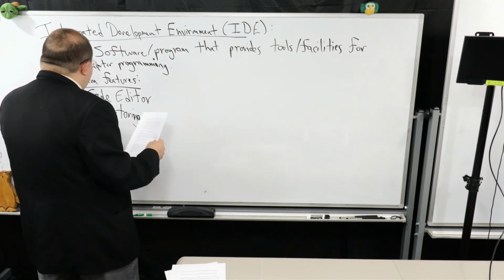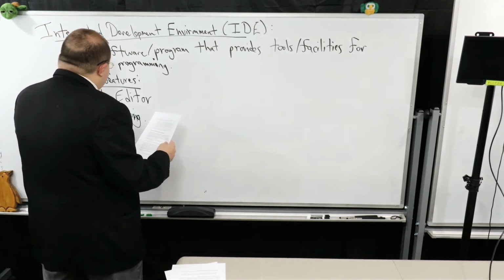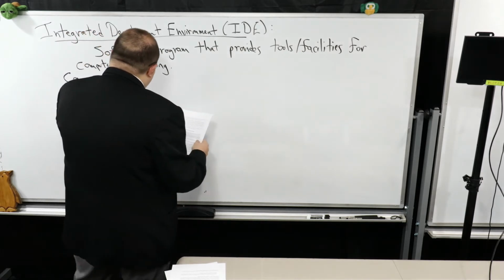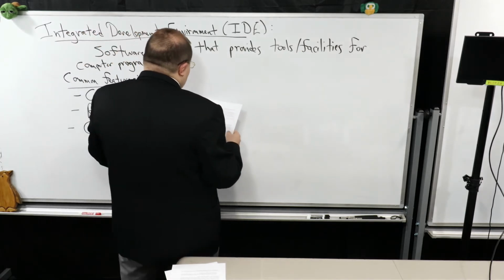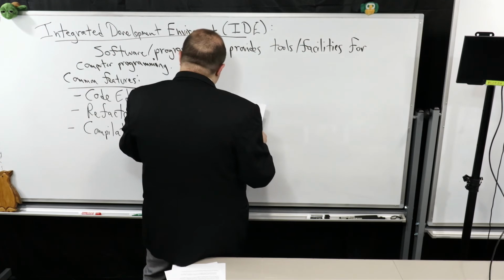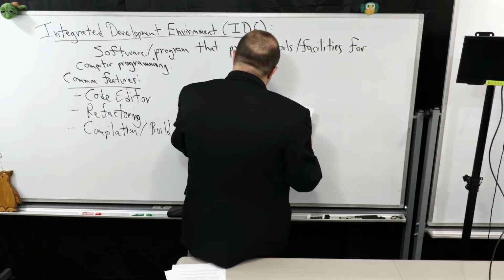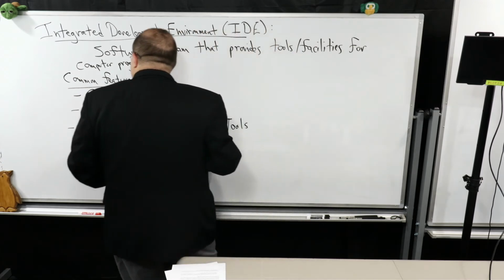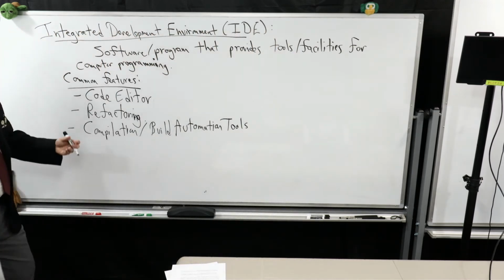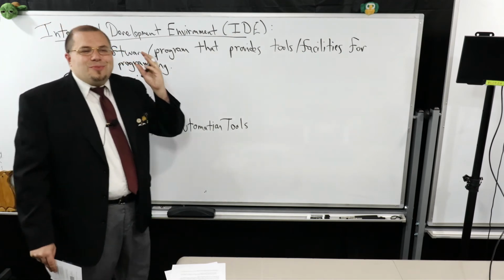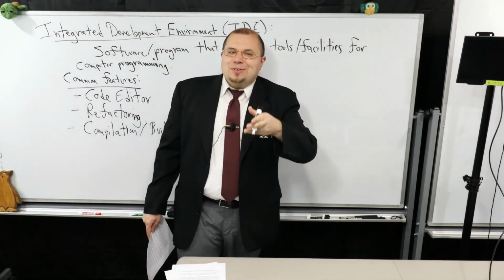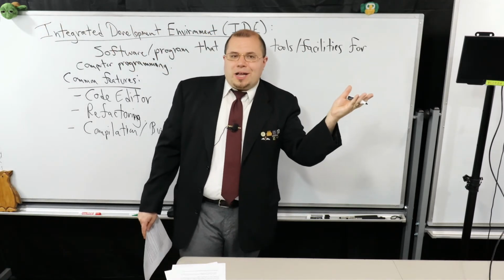Another very important one is, of course, compilation or build automation tools. What do I mean by this? Remember, I told you that we have to take the program we've written in Java, for example, and compile it into Java bytecode.